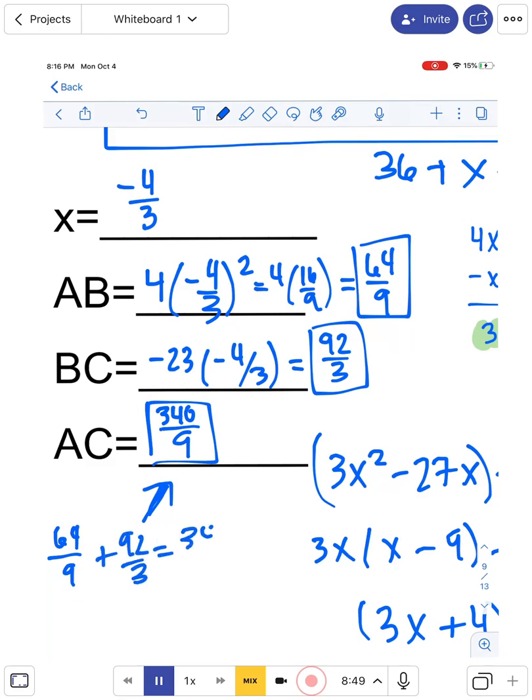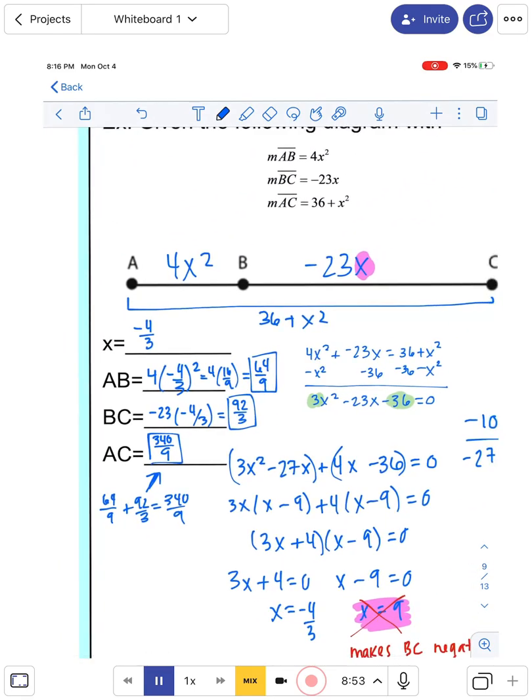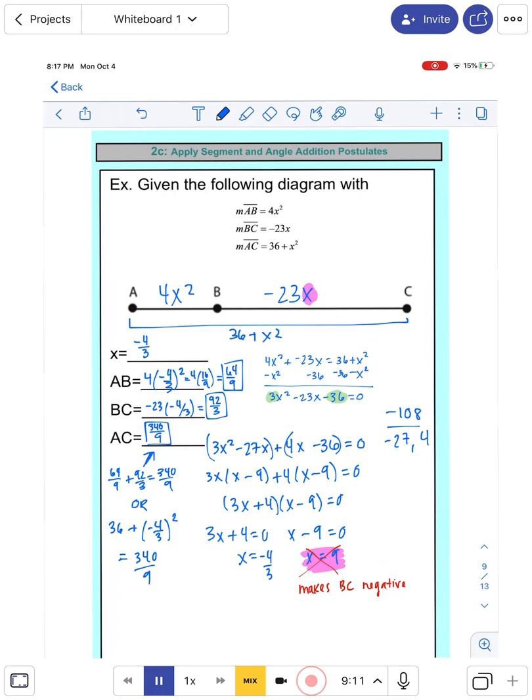Now the other way I could do this is I could take the negative 4/3 and substitute it into 36 plus x squared. So 36 plus negative 4/3 squared is also 340/9. So either way you do it, you get the same thing.